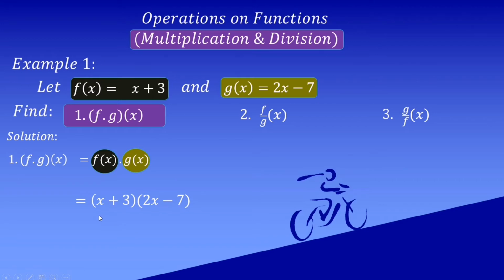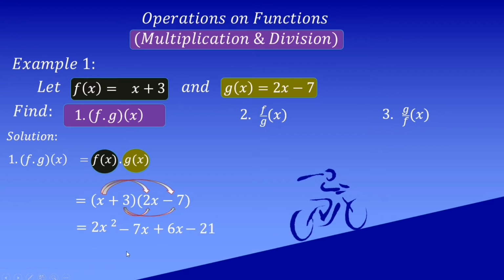So we have the quantity x plus 3 multiplied by the quantity 2x minus 7. x times 2x is 2x squared. Then x times negative 7 is negative 7x. Just follow the pattern. For the second term, 3 times 2x is 6x, then 3 times negative 7 is negative 21.